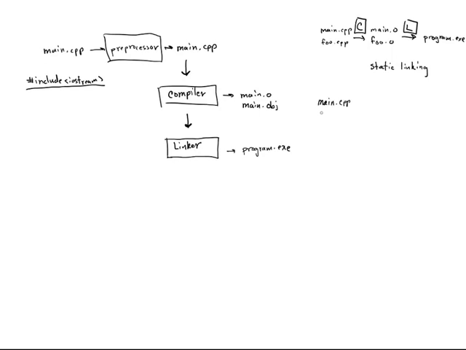Main.cpp, foo.cpp. Well, let's actually just do this. And we'll have a library.cpp. And this line, these are going to be two different projects. All right, so this is going to be project 1, and this is going to be project 2.